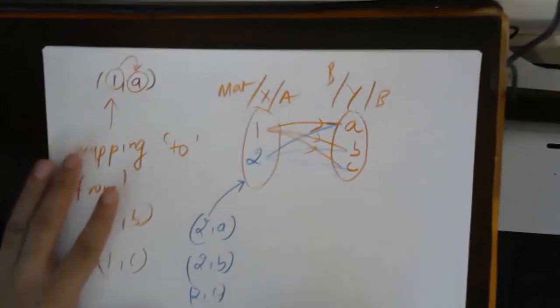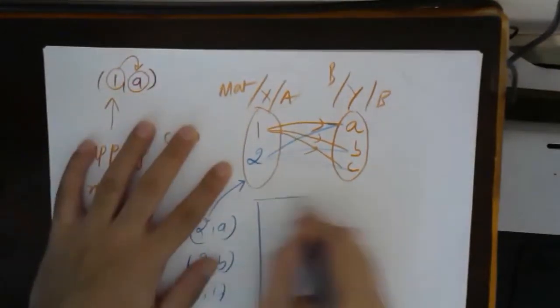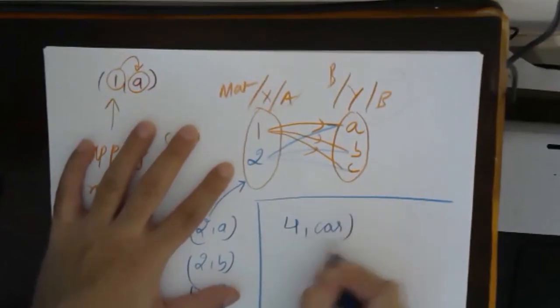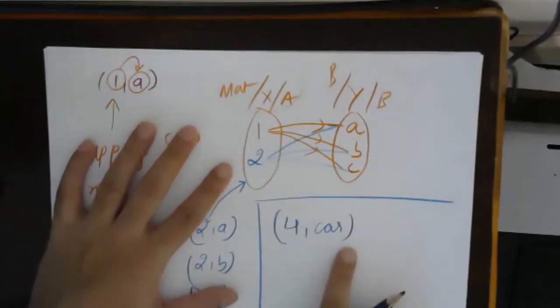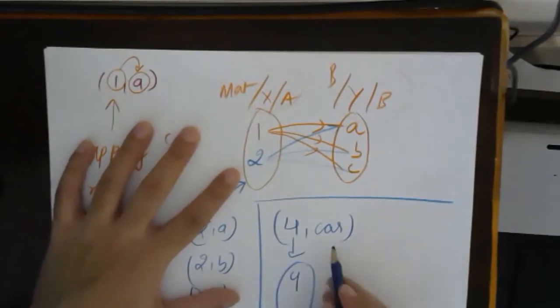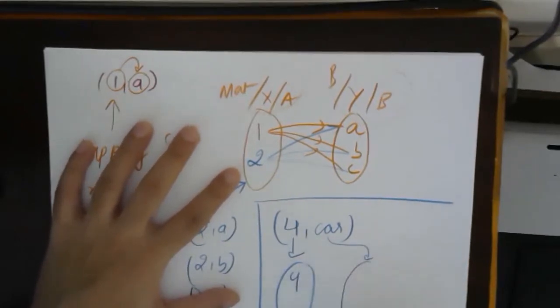Fine. Now suppose I take an example, 4 comma car. What does this mean? That this 4 must be coming from the first set, and this car must be coming from the second set.